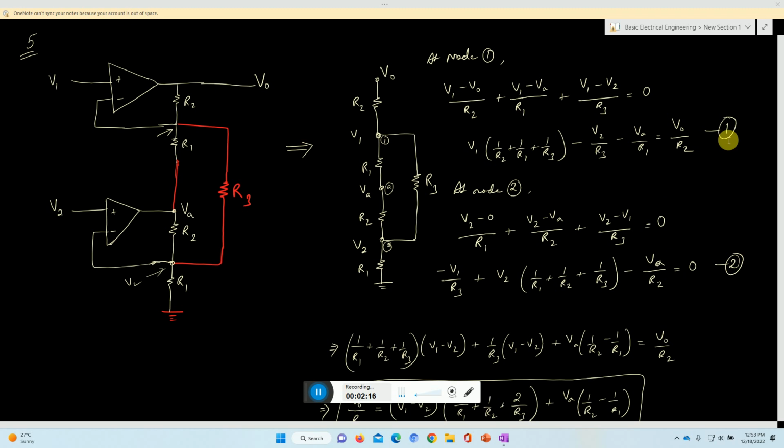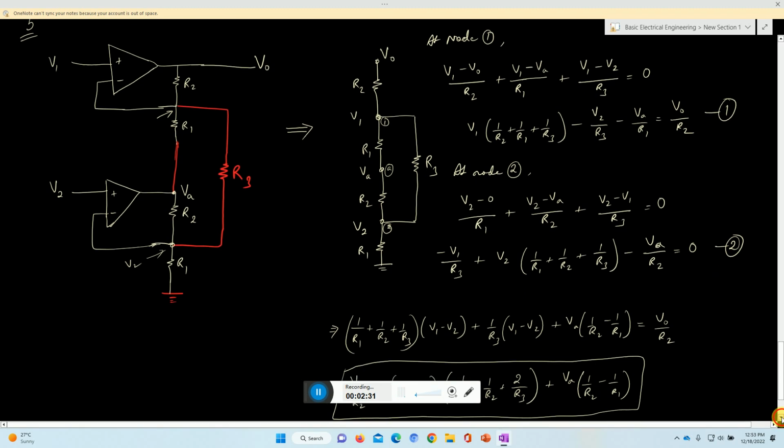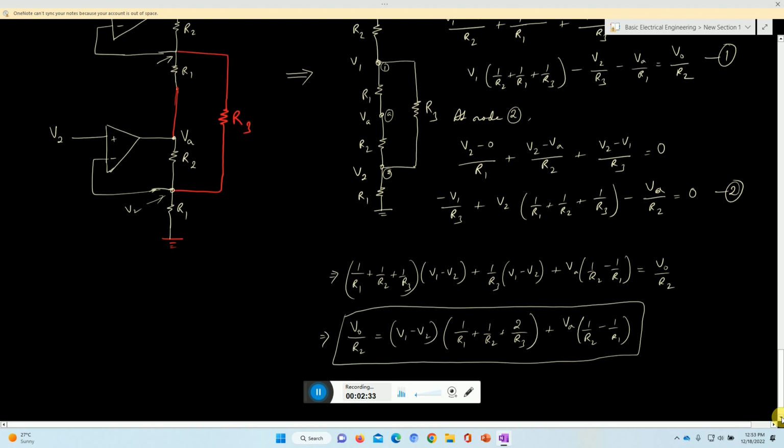Now if we want to find the output, its terms are not getting eliminated because of these different voltages. So let us subtract equation 2 from equation 1. V1 and V2 combine as V1 minus V2 with the same elements. Similarly, V2 and V1 also give this, so this side is subtracted, and this will be plus V1.